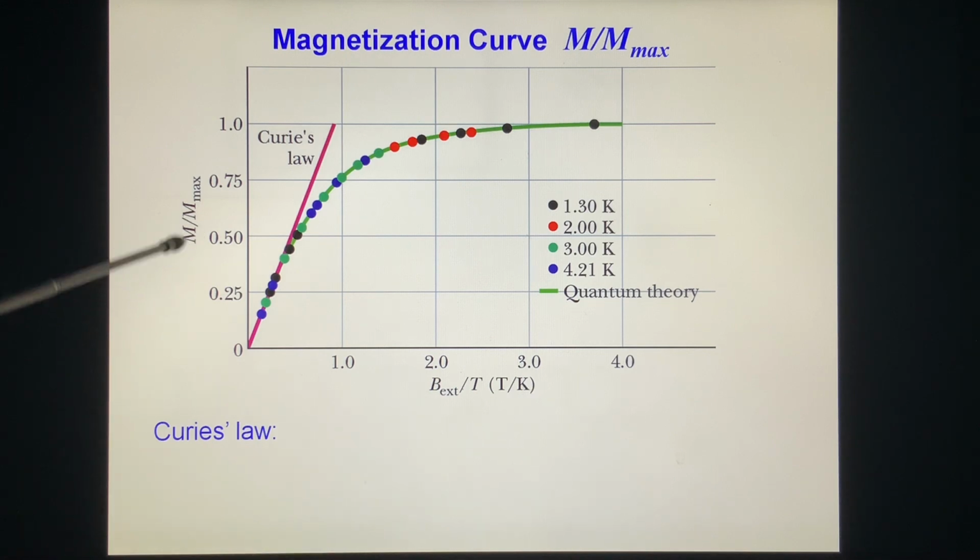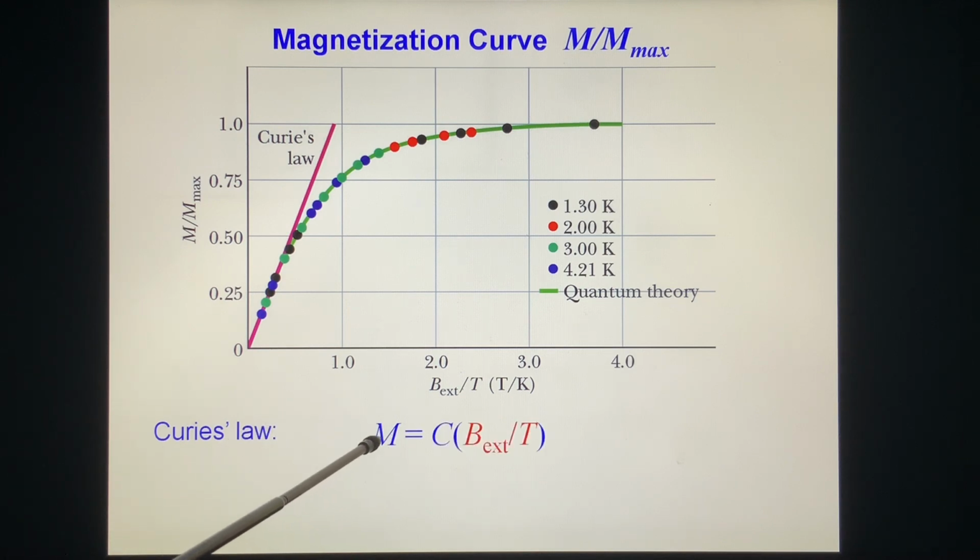Okay, this is M over M maximum. Curie's law tells us that M equals C, a constant, times B external over T. In other words, this is proportional, linear. Okay, and C is constant.